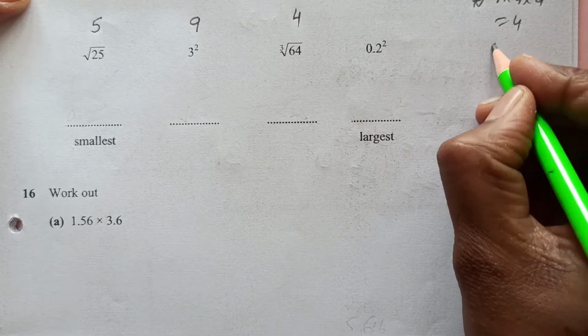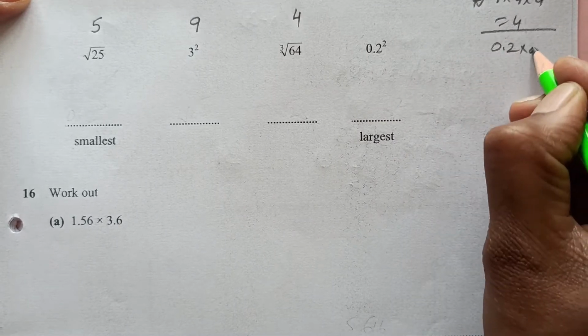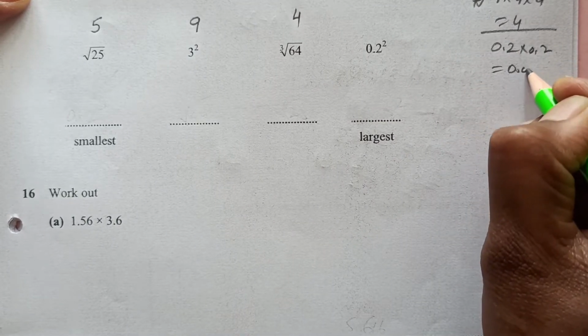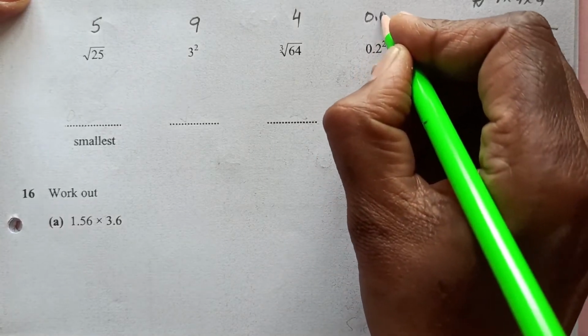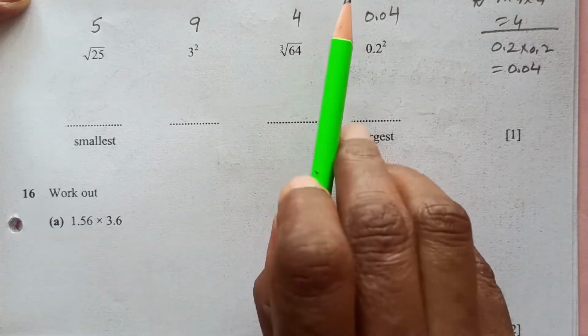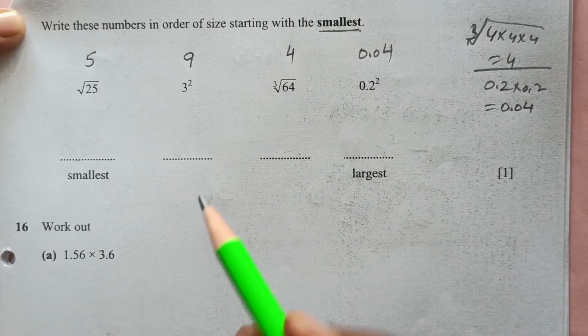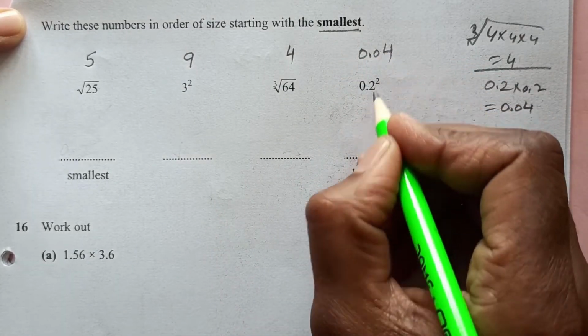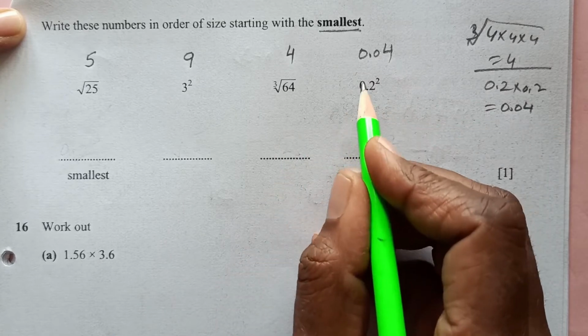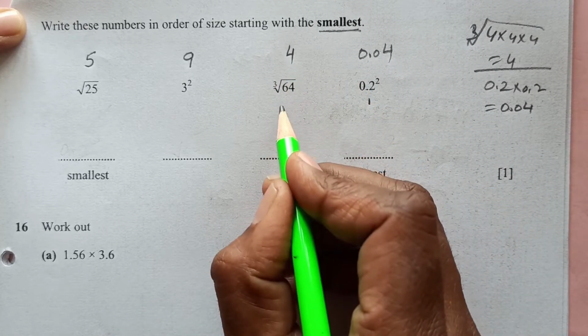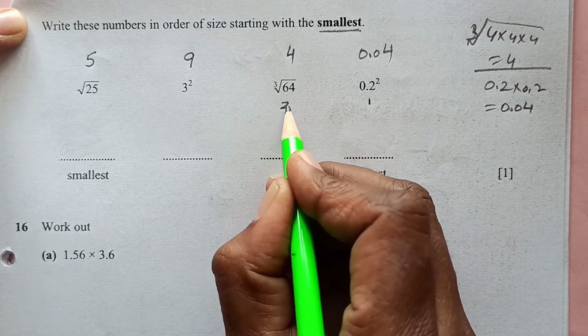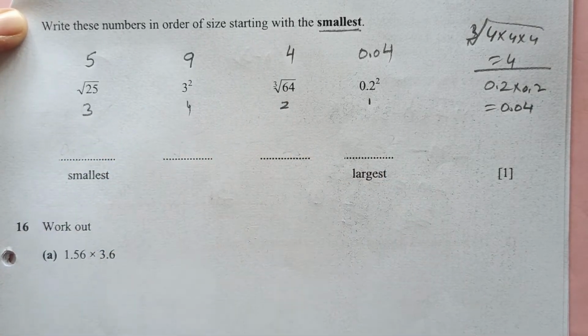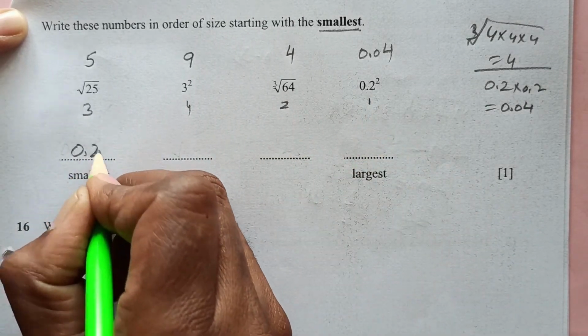And 0.2 times 0.2, it's squared. So this is 0.04. So which one is smallest? We need to write down the smallest first, but remember you are going to write down the original form. This is number 1, after this is 4. This one, then 3 and 4, right? So 0.2 squared.